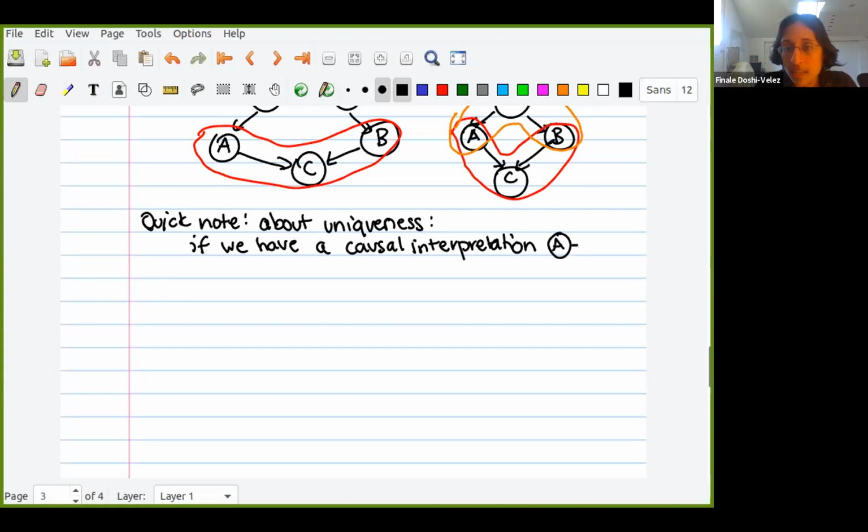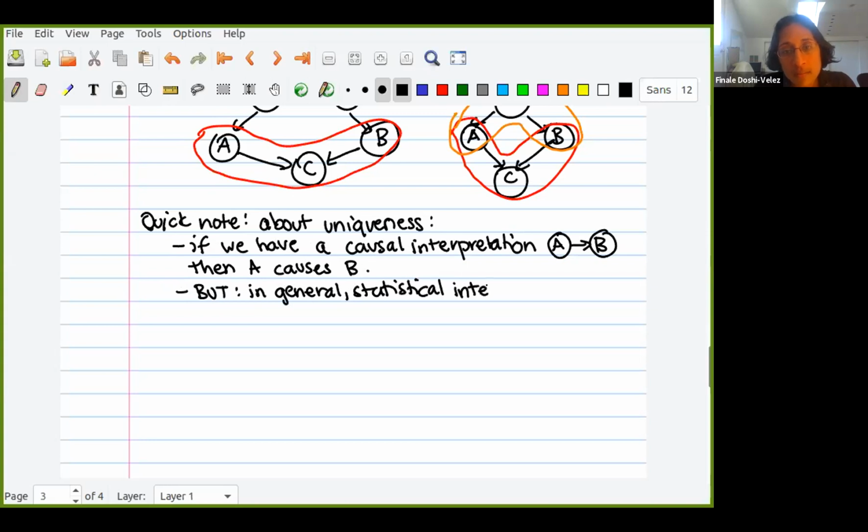If we have something like A to B, then A causes B. But in general, there's a statistical interpretation that allows for multiple orderings or graphs.